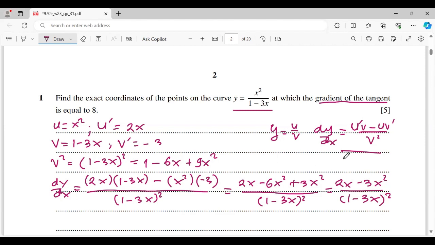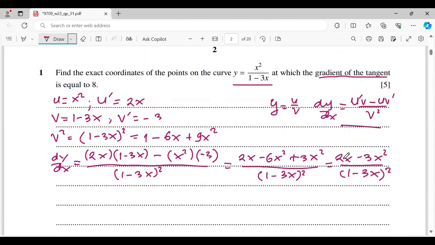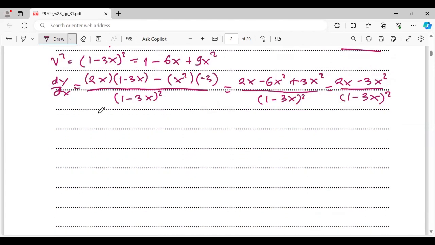That is dy/dx. Gradient of the tangent is dy/dx, or the derivative. So it means dy/dx equals 8.